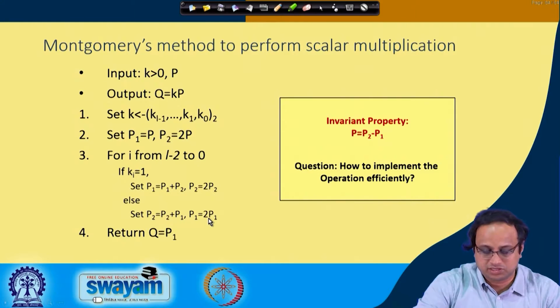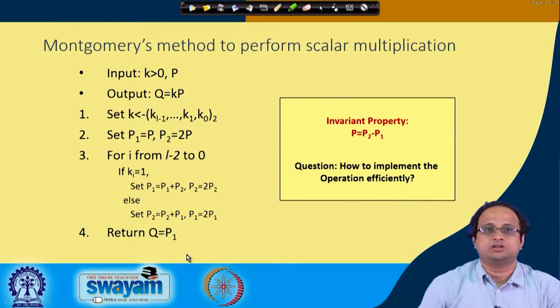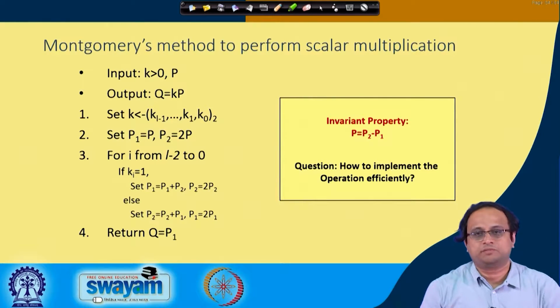So it still does not change. Therefore, in both these computations P2 minus P1 remains an invariant, and since I initialize P2 minus P1 to P, it remains P throughout this computation.